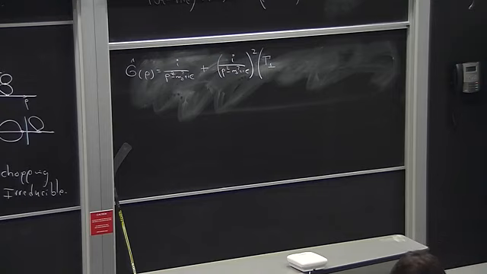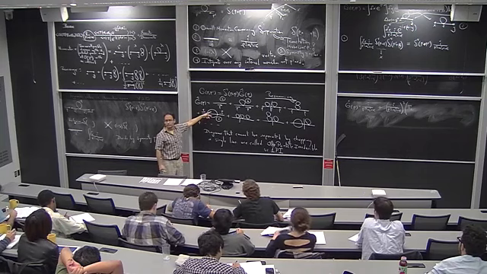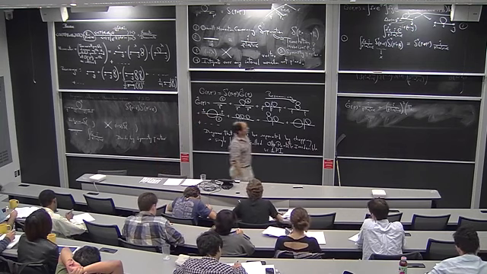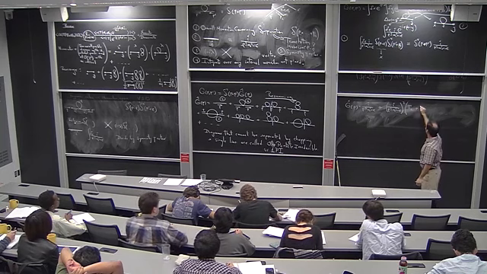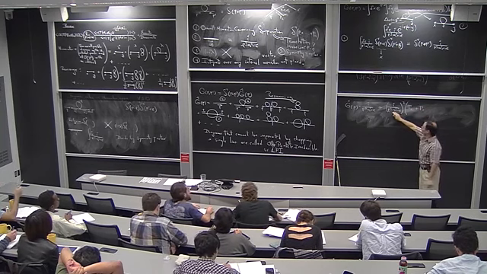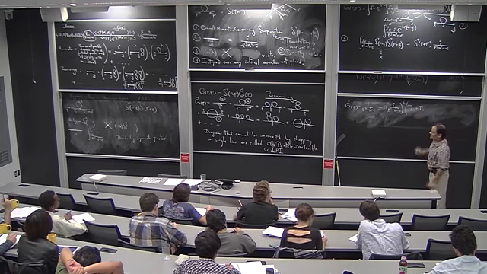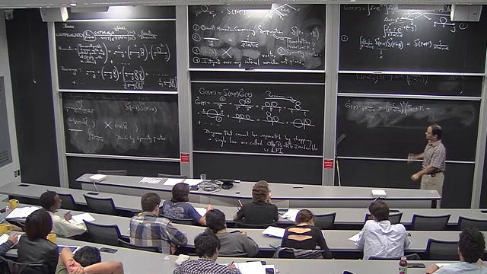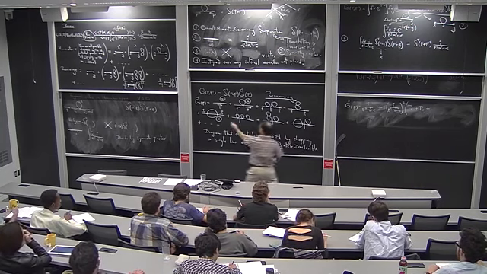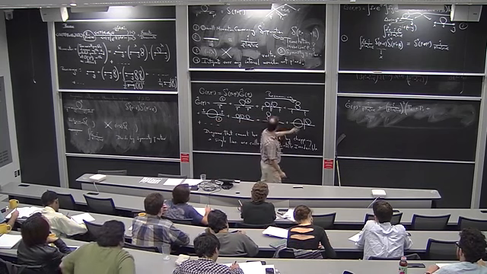The next diagram that cannot be separated into 2 is this guy, okay? So I'm going to get the same 2 propagators, right, times a contribution from the next guy that I cannot separate into 2. So I look again, I say, well, this guy can be separated into 2, this one 2, this one 2.